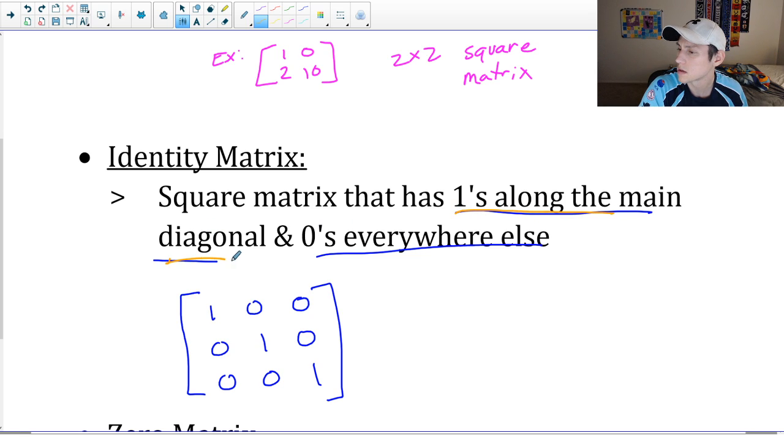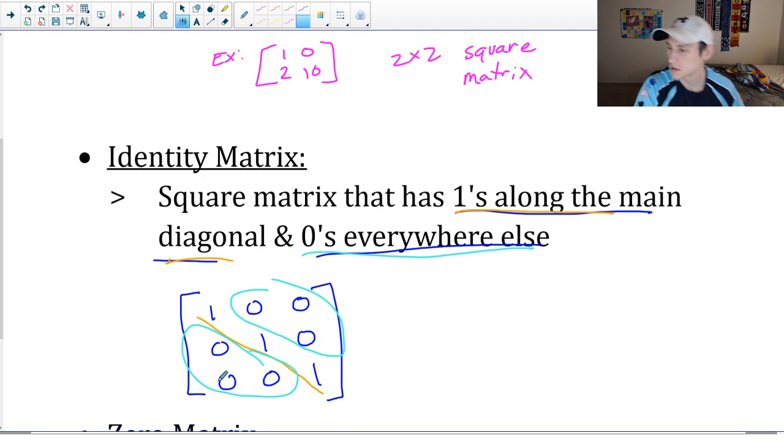So ones along the main diagonal. You can see here we have all these ones right here. And everywhere else there is a 0. So all of these are 0, all of these are 0. It's only those ones that go along that diagonal that are the only things that aren't 0.